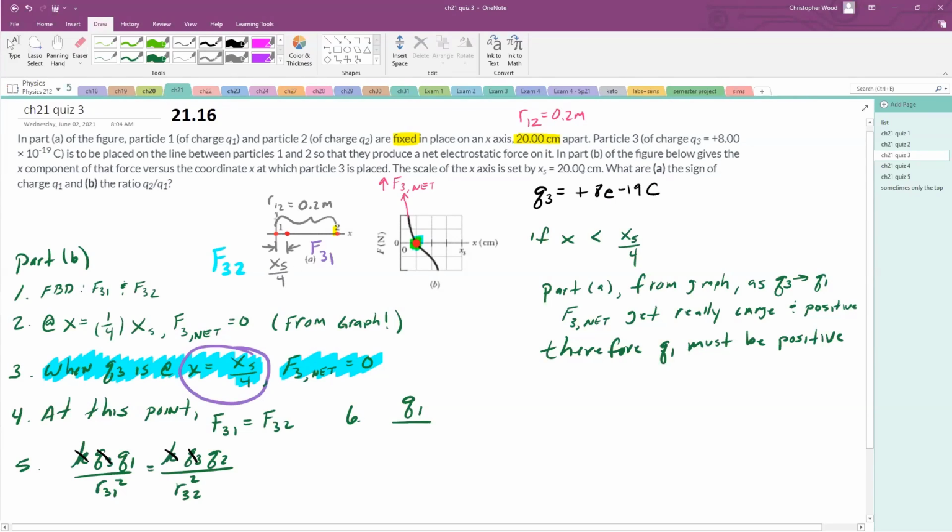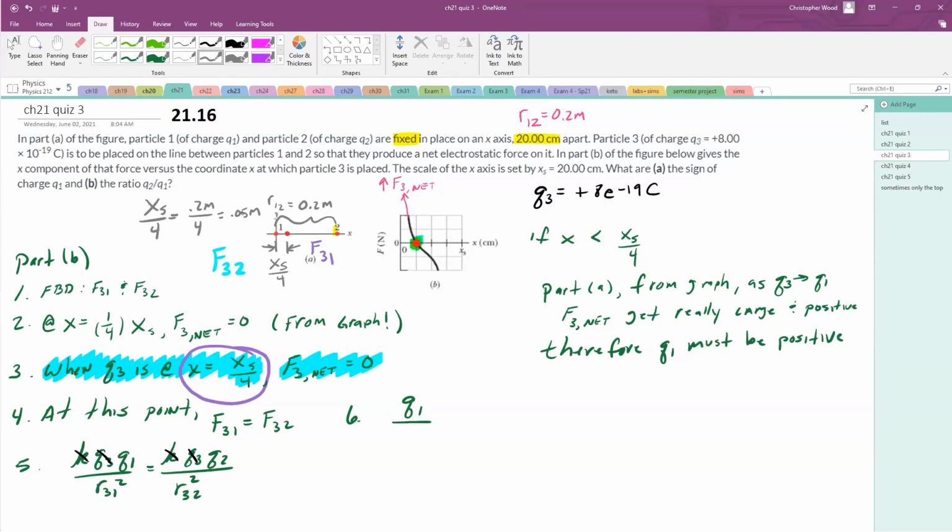XS for my number is 20 centimeters. So XS over 4 equals 0.2 meters all over 4, or 0.05 meters. That's the distance between particle 3 and particle 1.